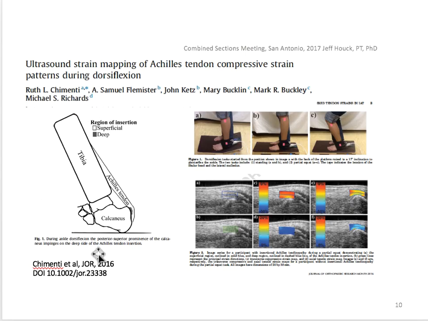What they're essentially doing is modeling this portion of the tendon that approximates the calcaneus to determine the amount of stress or strain that's in that individual area of the tendon. And we can see the tendon maps and their pressure images here for the superficial, the deep, and then the outline of the calcaneus here. These are for the different positions.